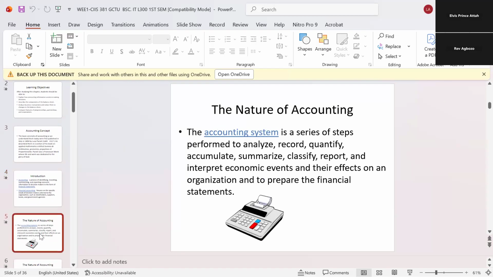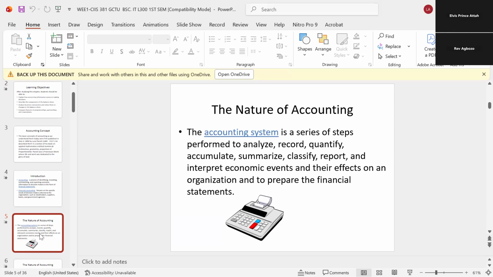So the nature of accounting. An accounting system is a series of steps performed to analyze, record, quantify, accumulate, summarize, and classify financial information in a way of reporting, to give meaning to economic activities that have occurred.